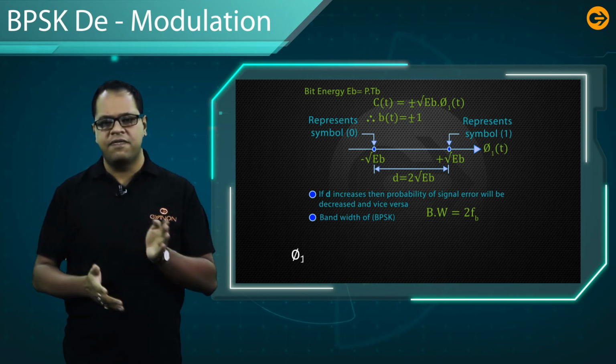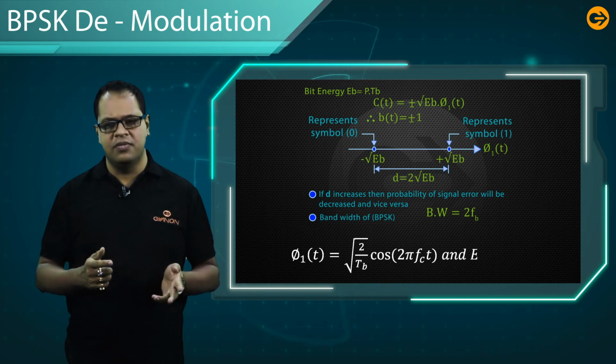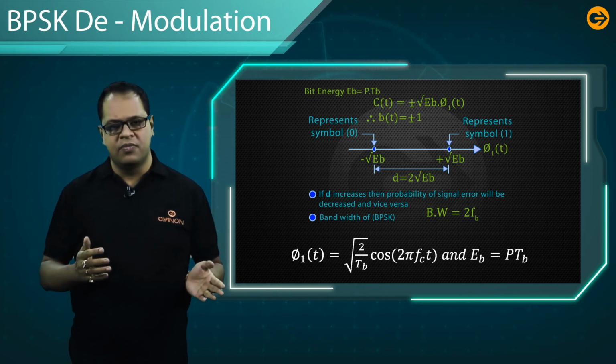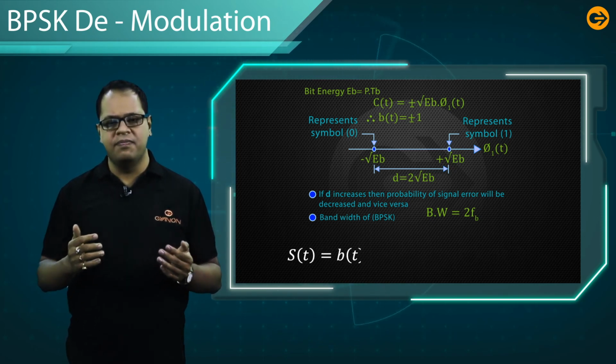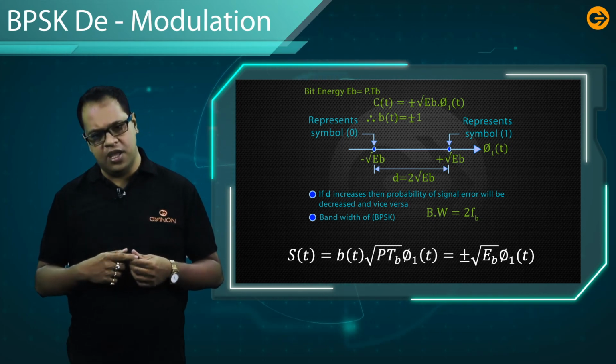Now consider phi1(t) equal to root 2/Tb cos 2π fc t and Eb equal to P Tb. So s(t) can be written as b(t) into root Eb into phi1(t).